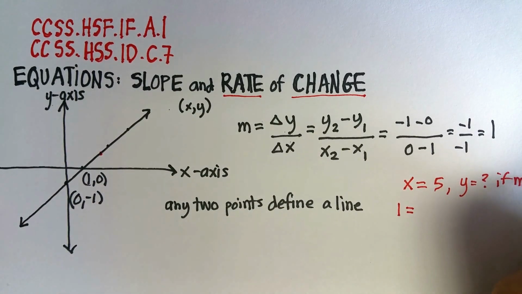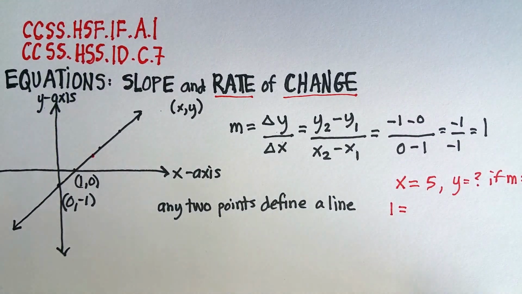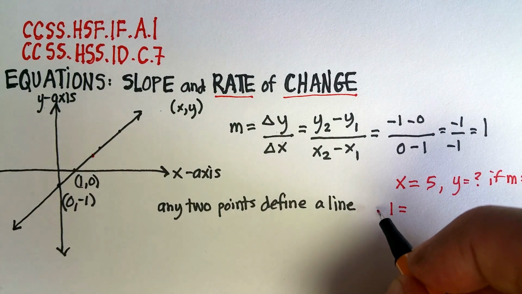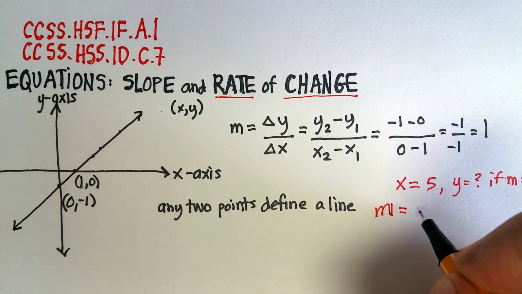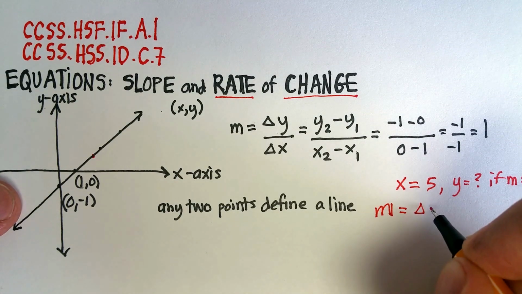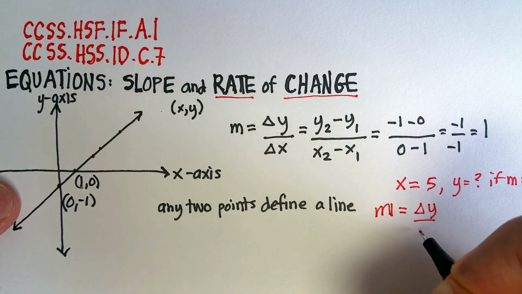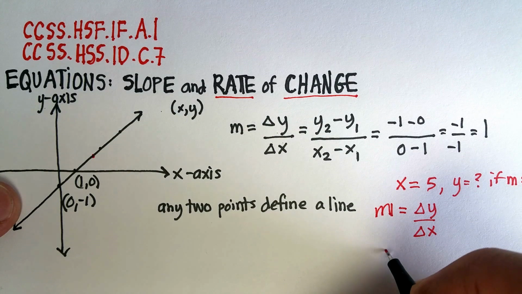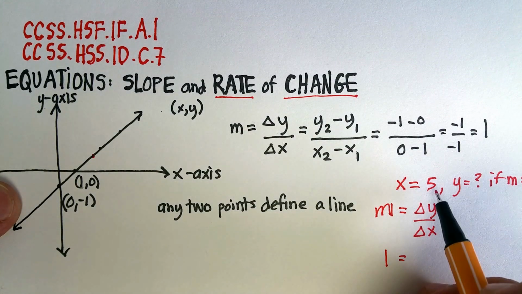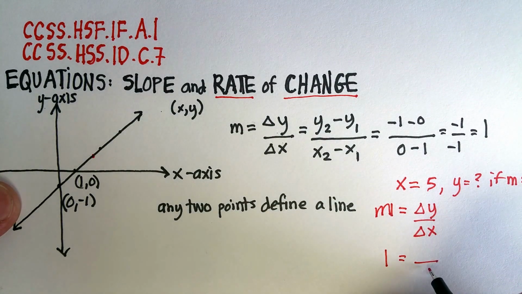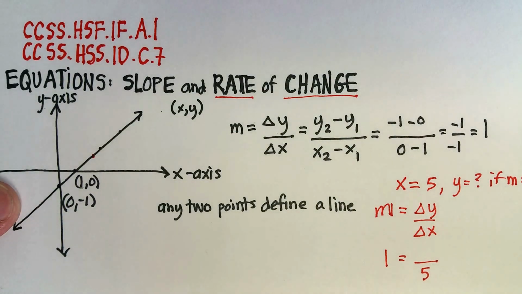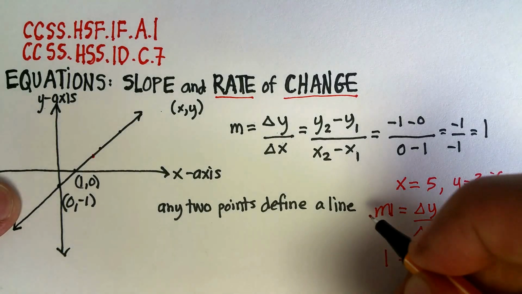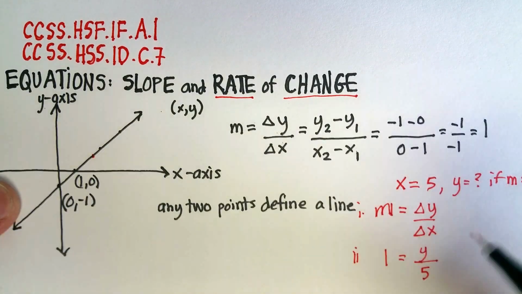If m equals 1, I know that m is equal to the change in y over the change in x. Let's just substitute what we know. We know that m is 1. We know that my x is 5. It increased 5. So therefore, what would be my y? You could solve that. We'll make that step 1, step 2.